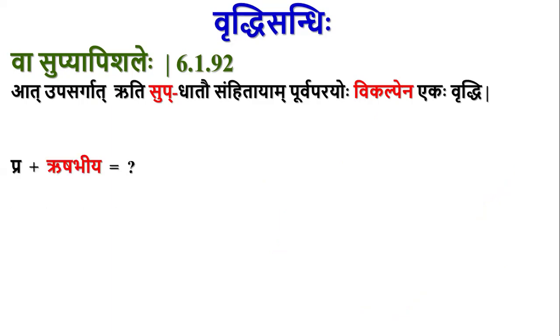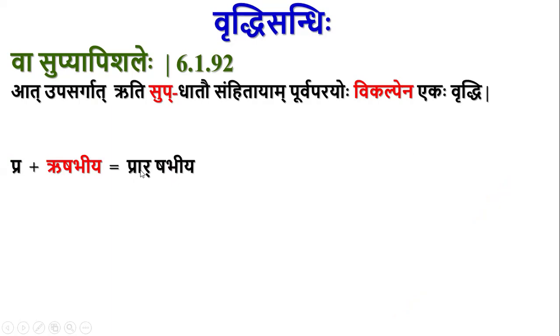So consider the case pra plus Rushabhiya. Here by the previous sutra, there will be ruddhi adesha. Pra plus ru, upasargat at ruti dhatau purvaparayoho ekaha ruddhihi adeshaha. But this sutra va supyapishalehe makes it optional.